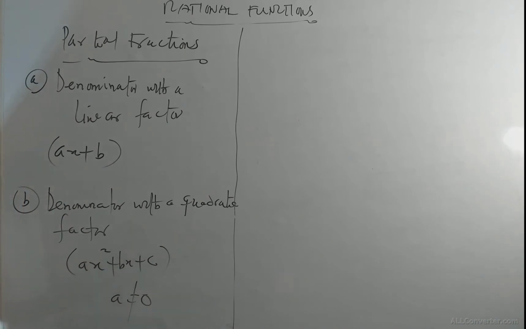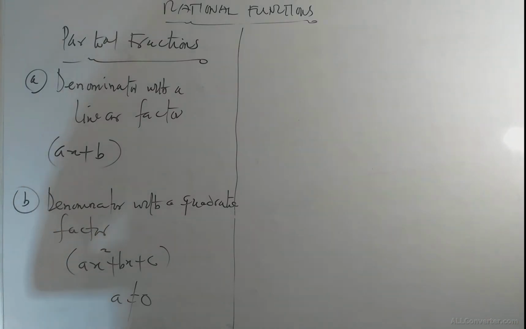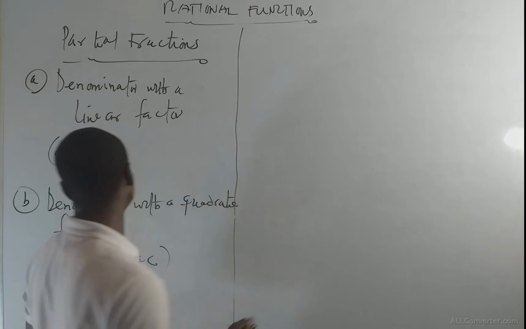So this is a quadratic expression. If one of the factors of that rational function, the denominator, can be expressed in the form ax squared plus bx plus c, where a is not equal to 0, then that expression is a denominator with a quadratic factor. So you have to understand that. I will explain this in detail so you get it.